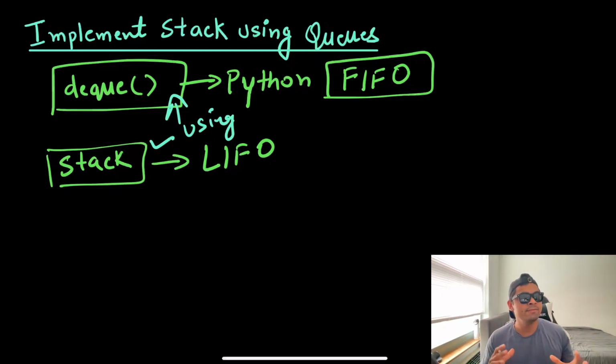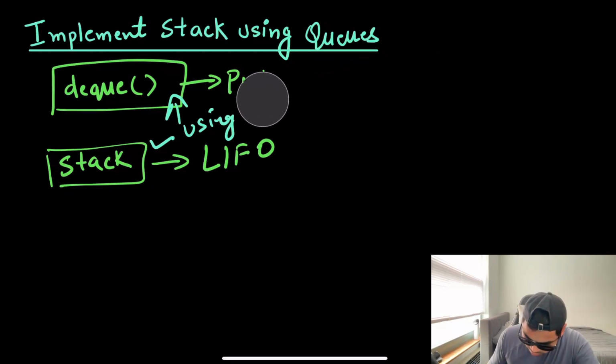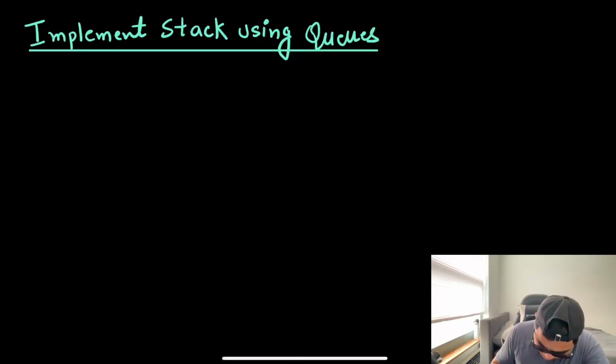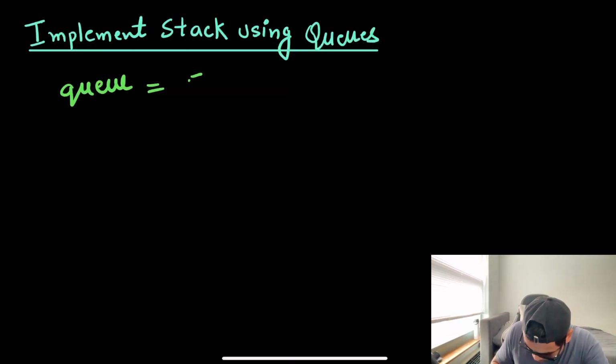So let's understand fundamentally how a stack would be different than a queue. It's going to be just one particular case. Let's say we have a queue, and then let's say we have some values.